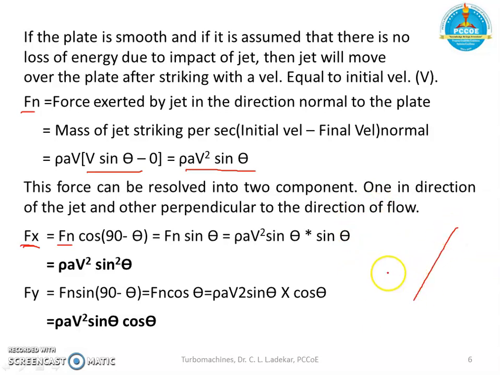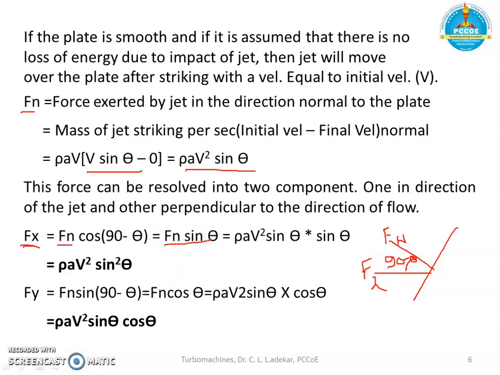So this is Fx and this is your Fn. How much is this angle? It is 90 minus theta, so Fn makes cos 90 minus theta with Fx.